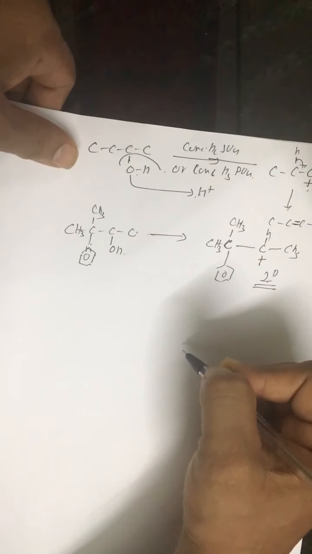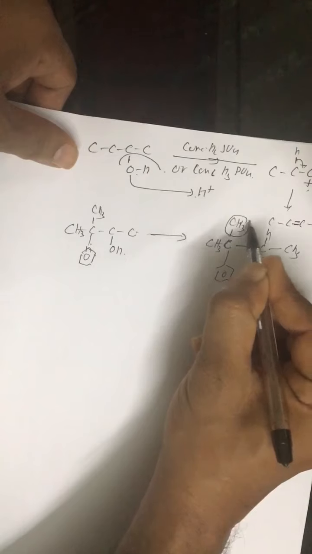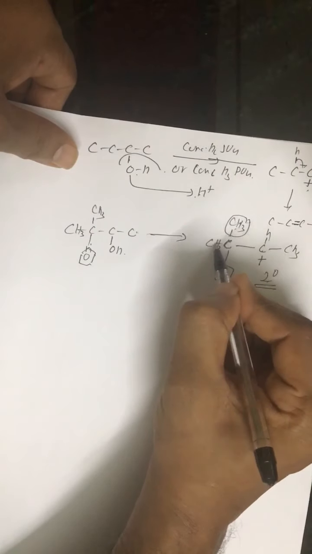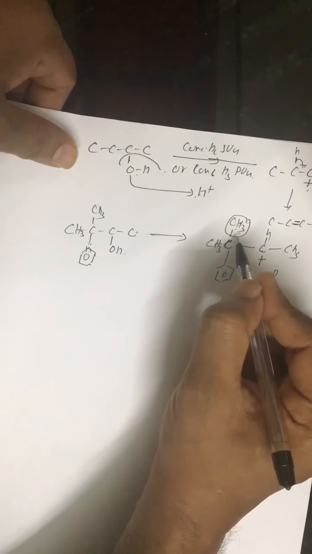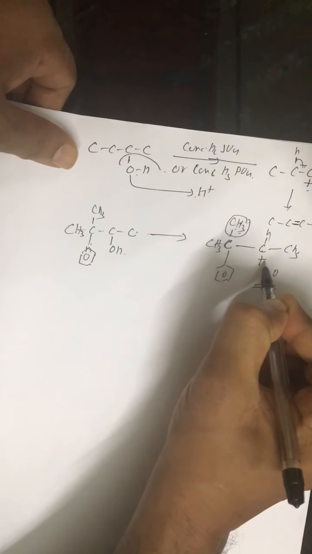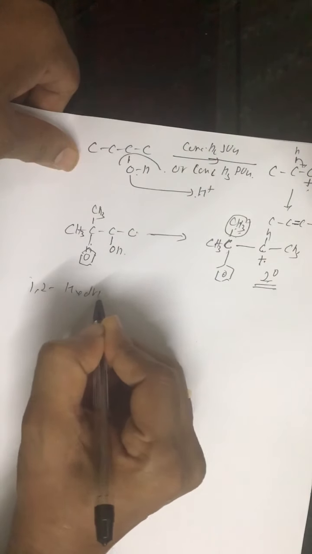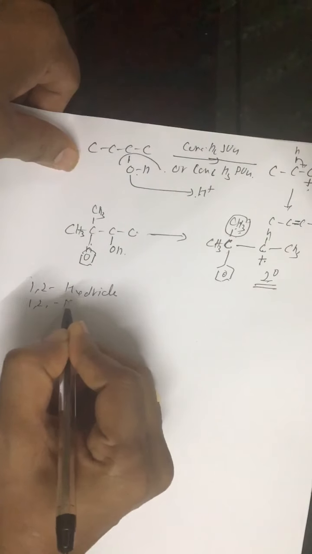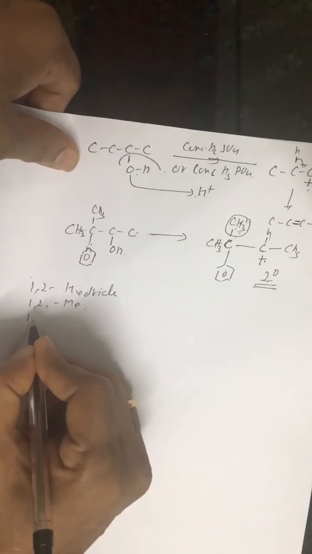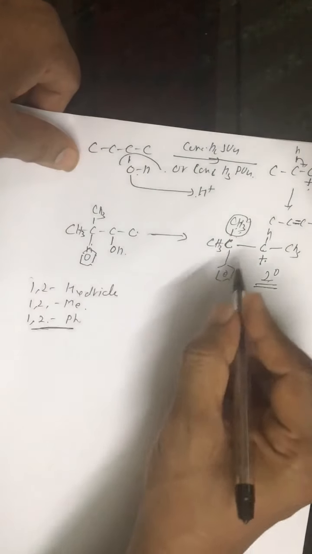It will try to gain more stability, and to gain more stability, the alkyl group or methyl group or phenyl group or hydrogen gets shifted to this carbon. This is called 1,2 hydride shift if hydrogen is shifted, 1,2 methyl shift if methyl group gets shifted, and 1,2 phenyl shift if phenyl group gets shifted.